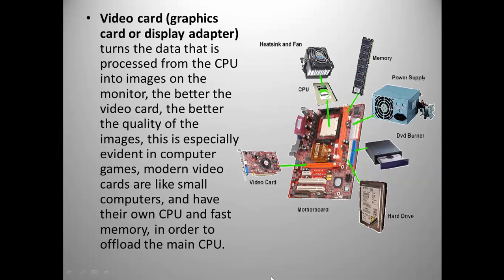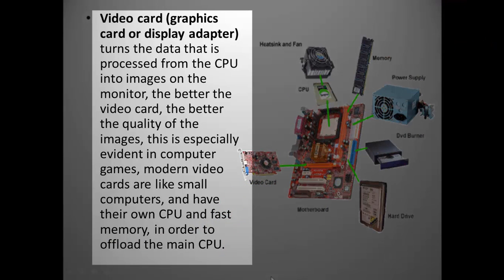Alright, so the last part that we're going to study today in this lesson is the video card. Gamers, pay attention. The video card, or graphic card, or display adapter, turns the data that is processed from the CPU, this guy over here, into images on the monitor.